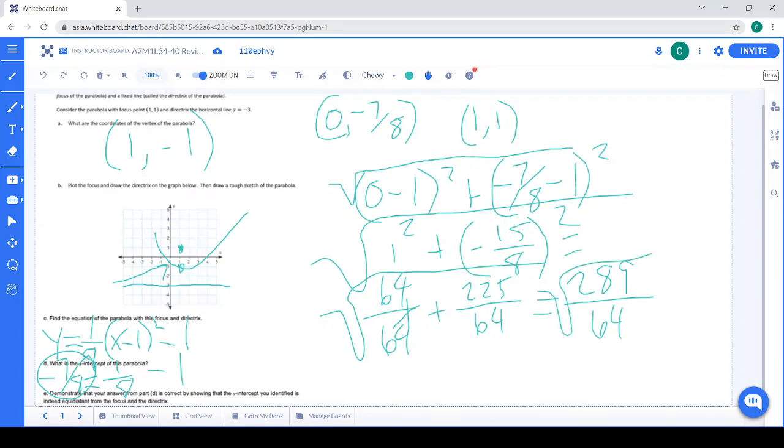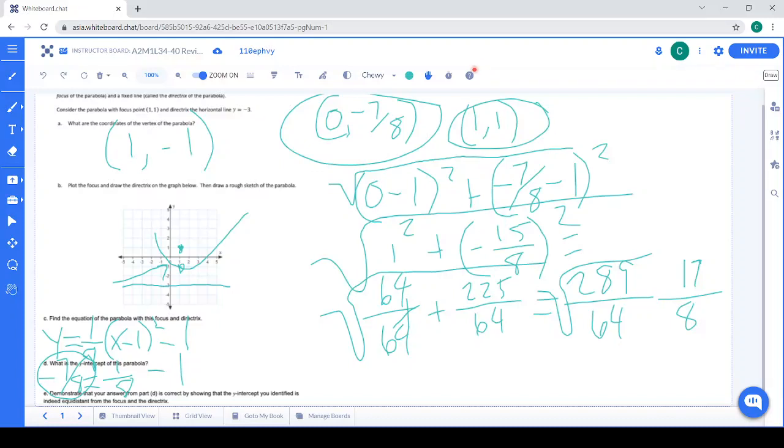All that's still square rooted. And that ends up being, the square root of 289 is 17, and over 8. So we're going to have 17/8 is the distance between the focus and our y-intercept. That is the distance.